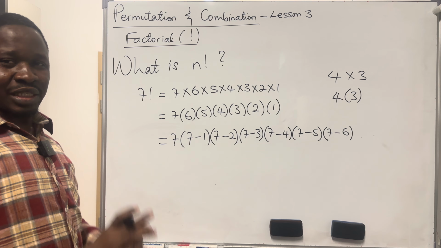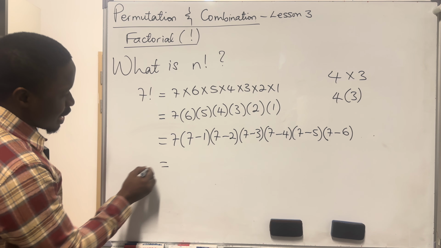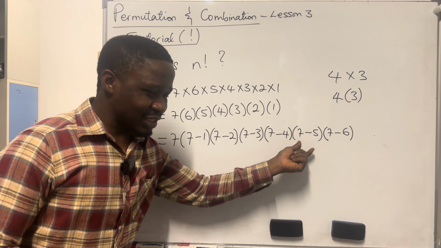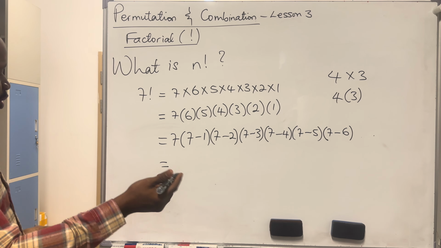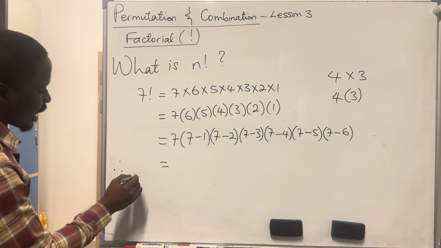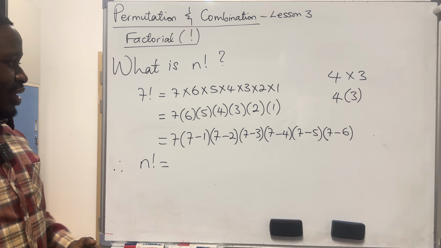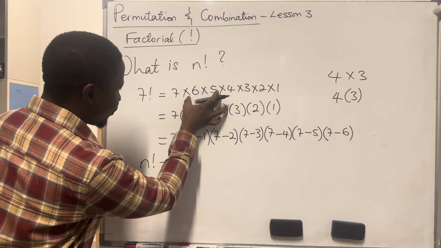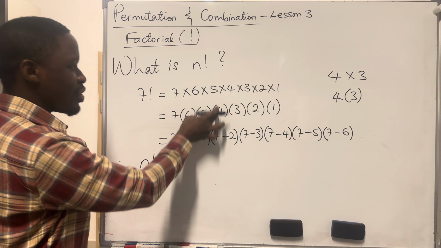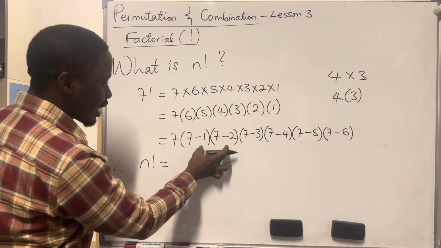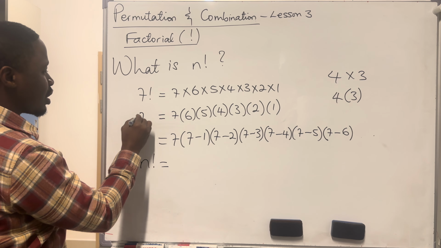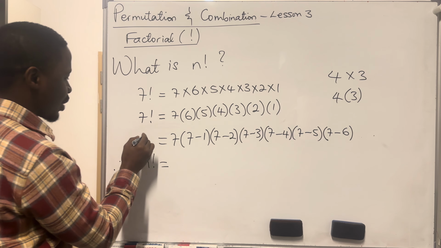I just hope you get the point here. Now, with this format we have, we want to write n factorial, which is now very, very easy. This is 7 factorial. This is another way of writing this, so it means this is also 7 factorial.